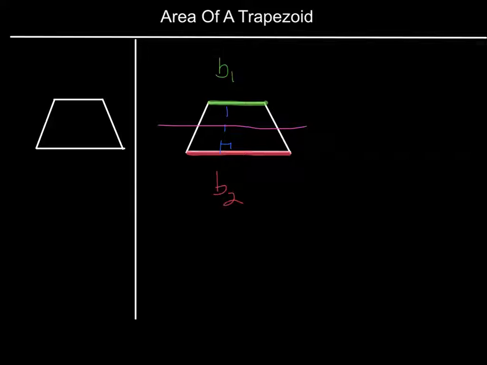I have a small trapezoid, which is right here, with the green base on the top and the purple base on the bottom. And then I have the larger trapezoid, which is this one on the bottom. So I'm going to highlight that larger one a little bit and see if I can make it a little clearer for us. I'm going to go a little more opaque here.